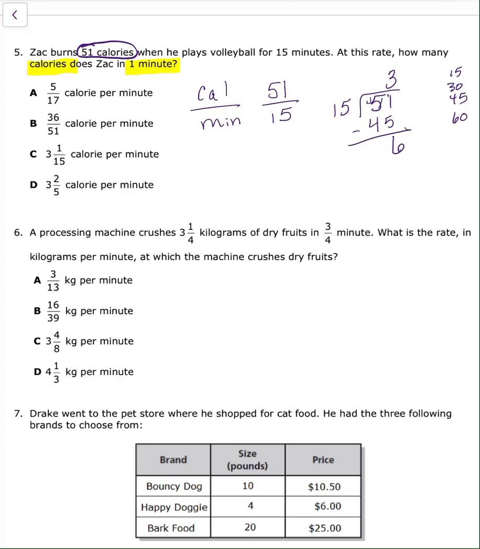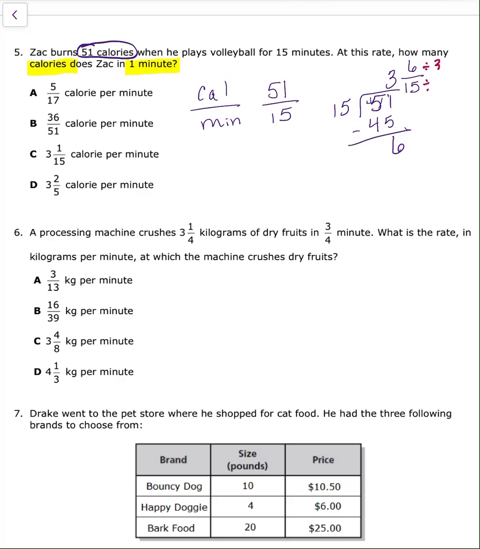Now, when you look at your answer choices, it says fraction, so I'm not going to put a decimal and a 0. I'm going to make my remainder my numerator, and then my denominator will stay the same. Your denominator is the 15. So when I look at that, can I simplify that? Because 6/15 is not over there. Is there a number that can go into 6 and 15?